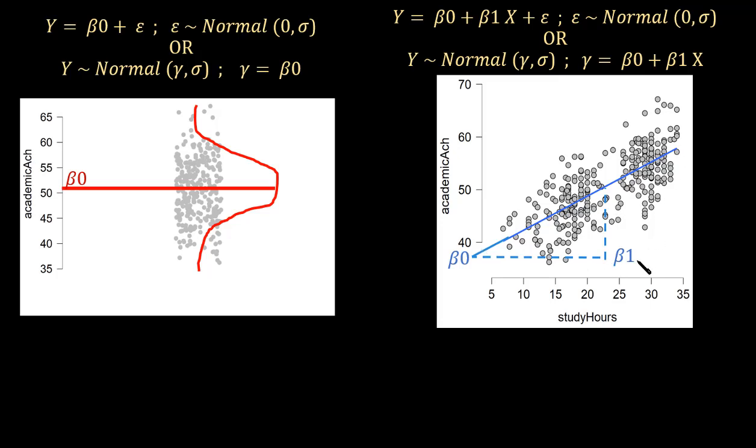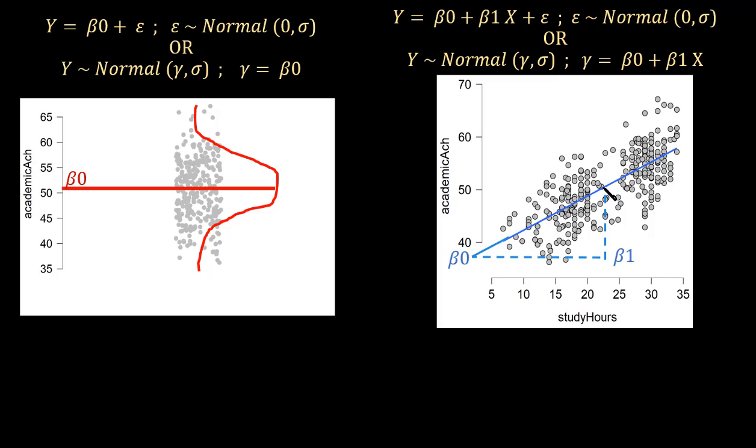The slope is given by, for example, at this stage, we go from about 0 to 22.5, and here in y, we go from 35 to around 48. Sorry, no, a bit more than 50 over there.